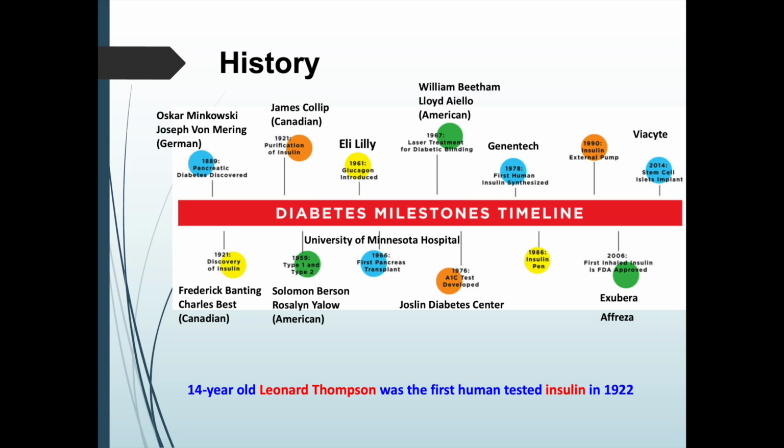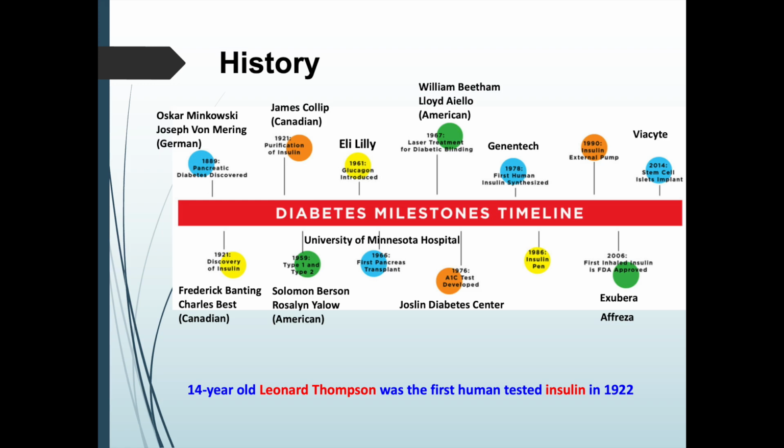Then two years after that, the first human insulin was synthesized. It was produced by recombinant technology, using bacteria and introducing DNA into them to generate insulin, a peptide hormone. That was first introduced in the year 1978.